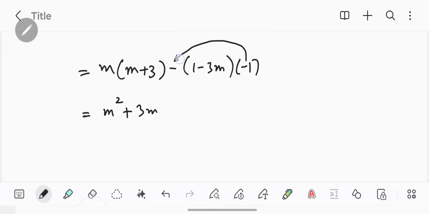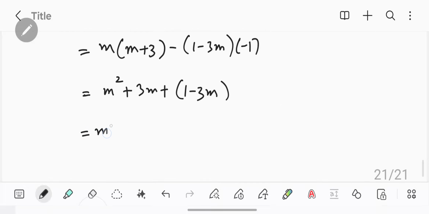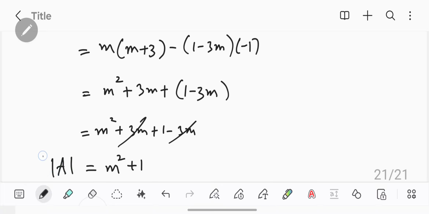This minus will multiply here, it will become plus 1 minus 3M. Okay, so M square plus 3M plus 1 minus 3M. 3M minus 3M will get cancelled. You will get M square plus 1. So this is the determinant of A. So the determinant of A is M square plus 1 in this case.